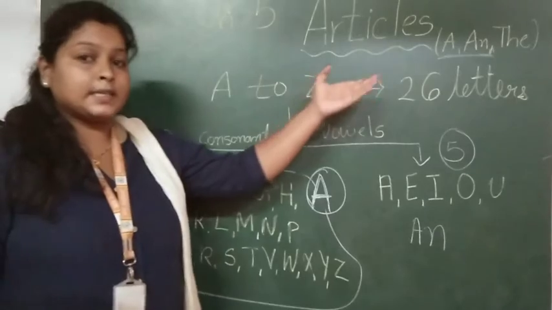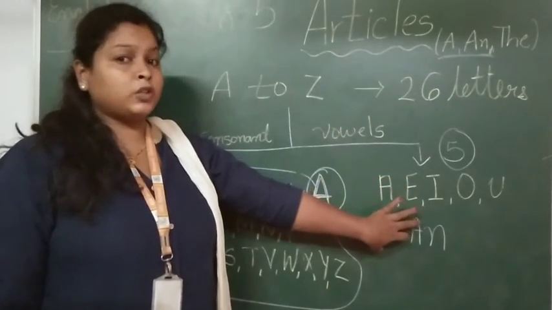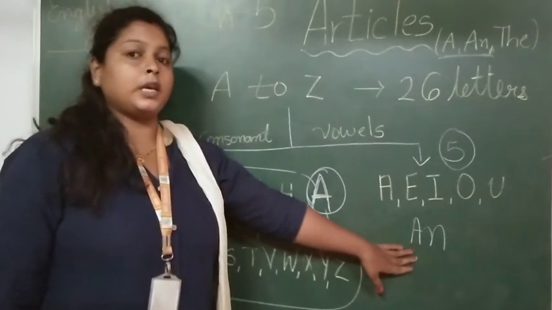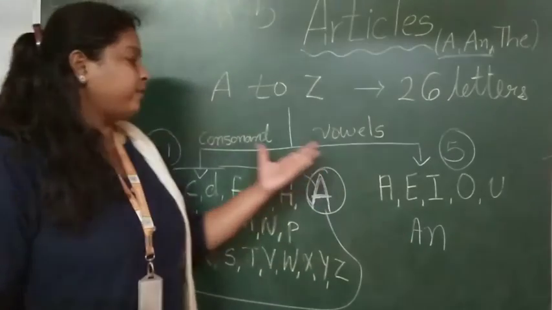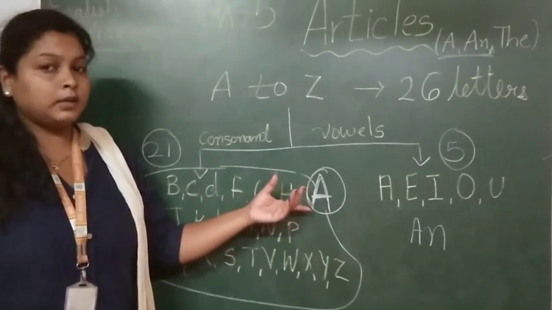In A to Z, 26 letters are there. From that 5 are vowels, and for those vowels we are using AN, and for the 21 consonants we are using A.